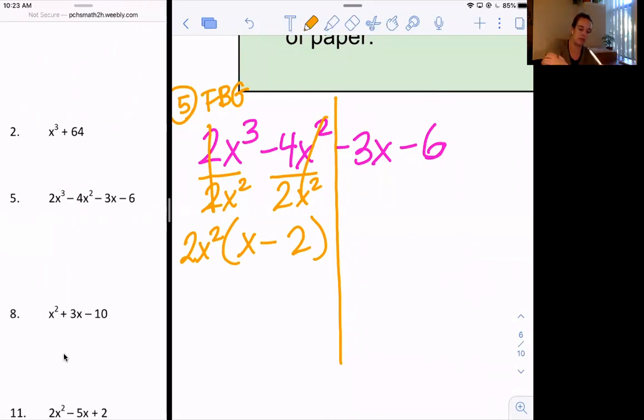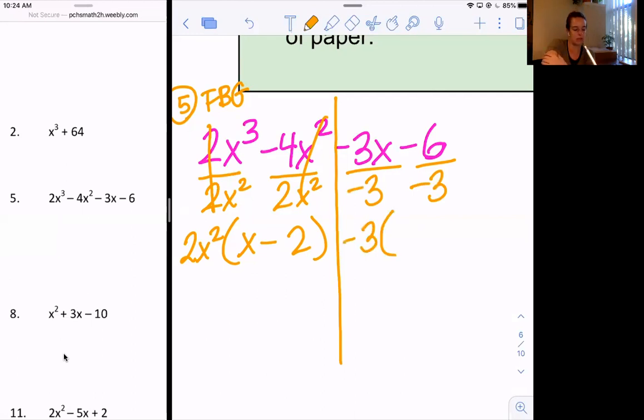All right. And then in this one here, I want to take out a 3. I'm actually going to take out a negative 3 here because they have a negative 3 in common.